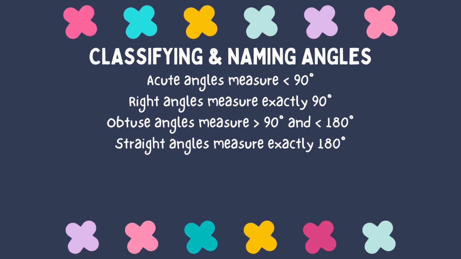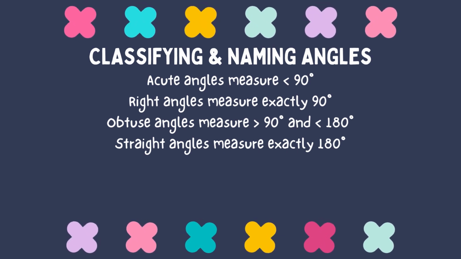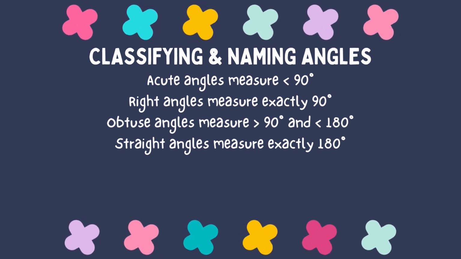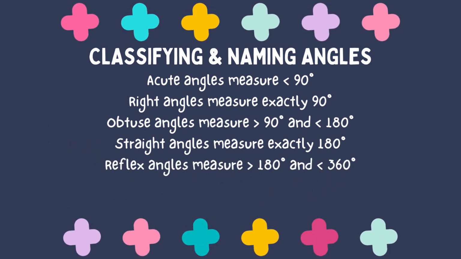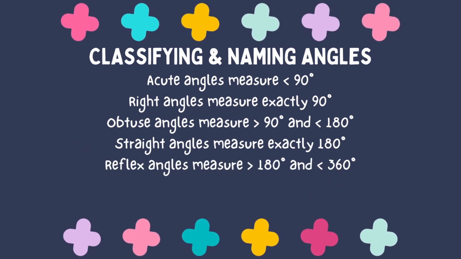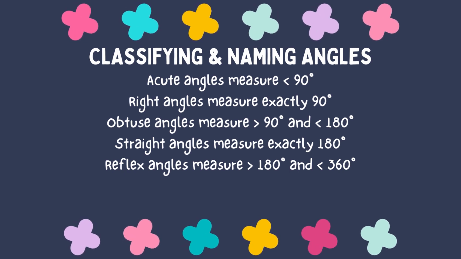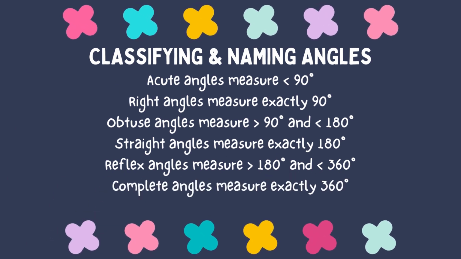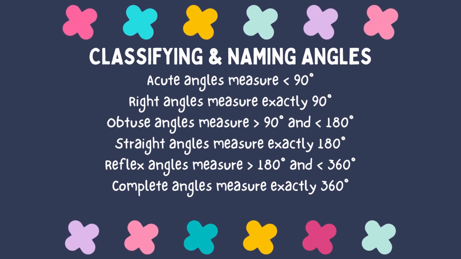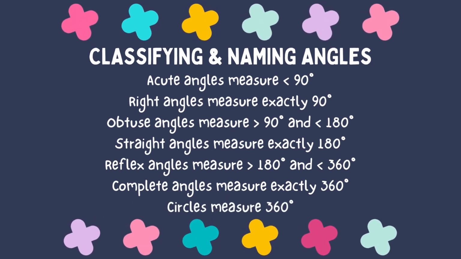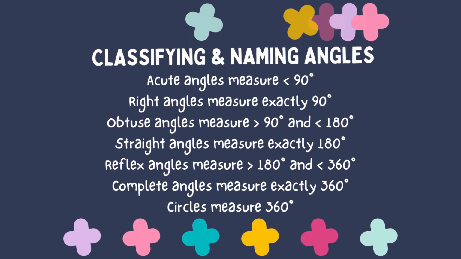Angles measuring exactly 180 degrees are called straight angles. Angles measuring greater than 180 degrees and less than 360 degrees are called reflex angles. Angles measuring exactly 360 degrees are called complete angles, and a full circle measures 360 degrees.